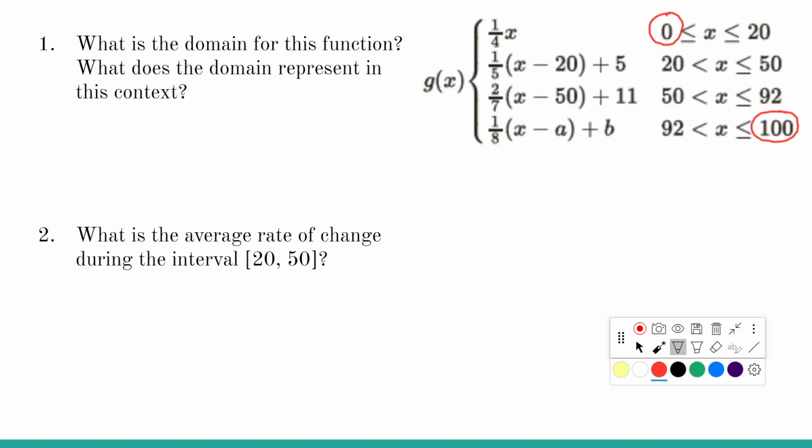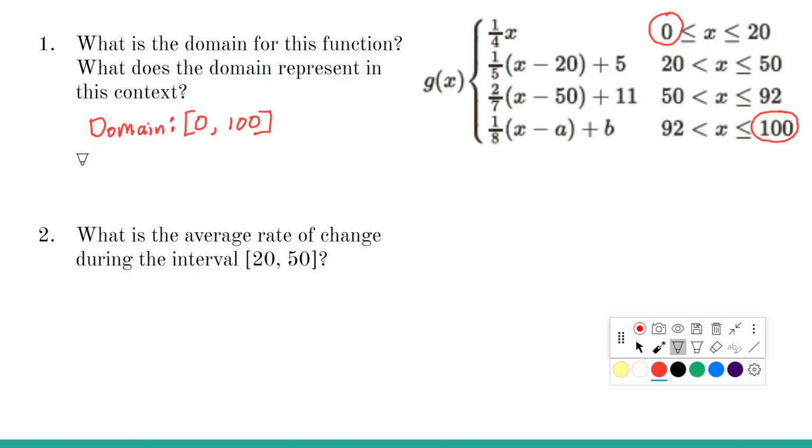So our domain, and I'm going to write this in what we call interval notation, starts at 0, and it's a square bracket because 0 is included. We have the underline on our inequality, and it goes up to 100. Again, a square bracket because the inequality is underlined. What does it represent in this context?